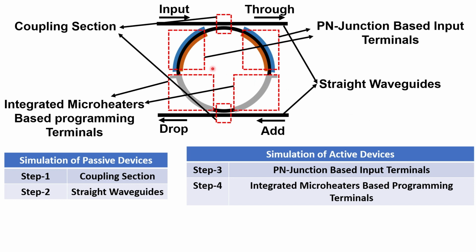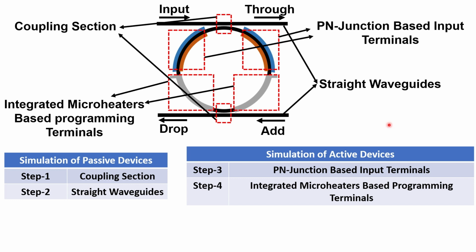Similarly, the coupling sections here at the top and bottom are also passive. These coupling sections can be created in the finite difference time domain solver, from which the power coupling coefficients as a function of wavelength for the fundamental TE mode are extracted.